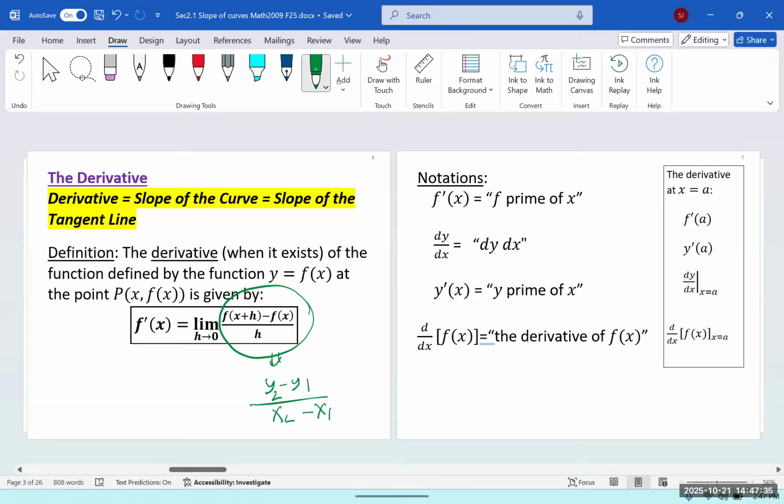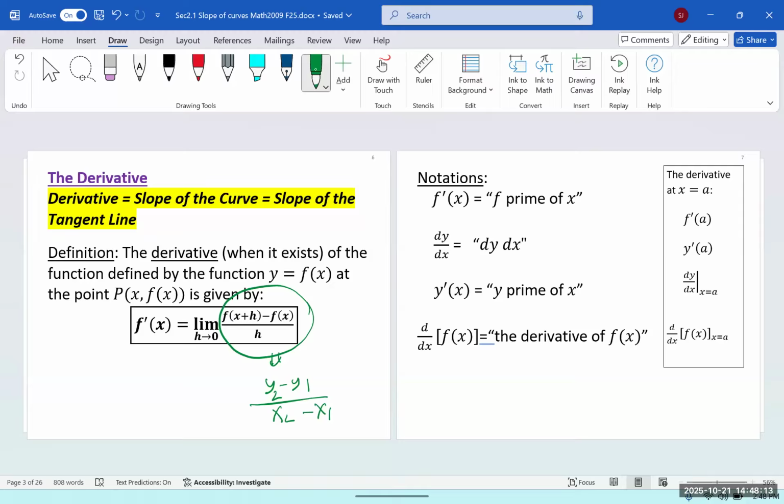So how do you express that? There are many ways we can write the derivative. When you see f with a little mark on top, x, it's called f prime of x. It means the derivative of the function at x. Or you can see dy dx, which means the derivative of y in terms of x.